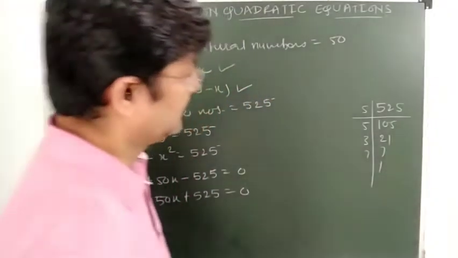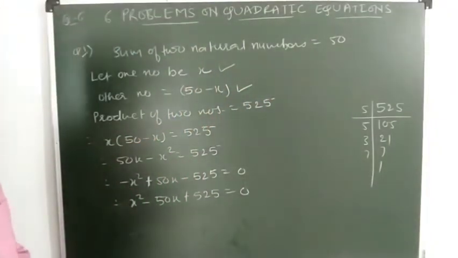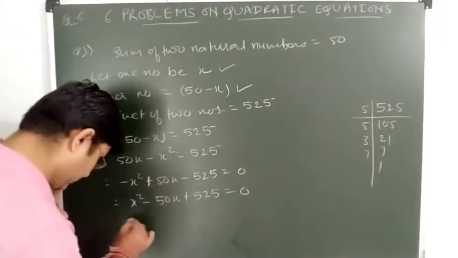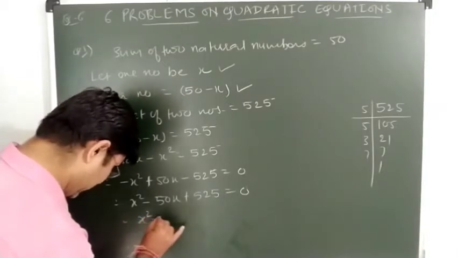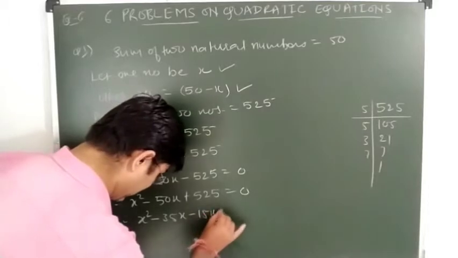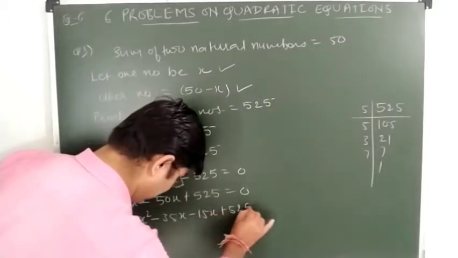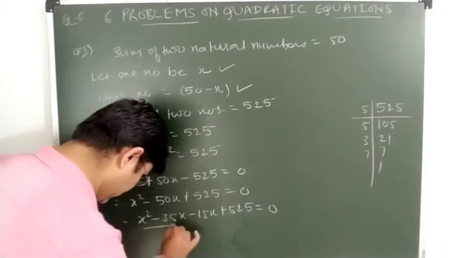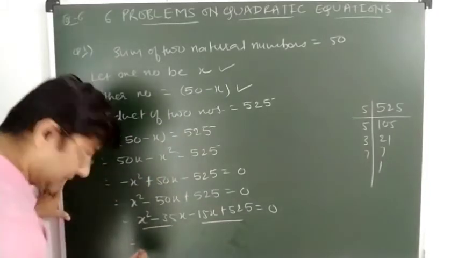Yes, 35 times 15 will be 525 only, and 35 plus 15 is 50. Yes or no? So x square minus 35x minus 15x plus 525 is equal to 0. Now make pairs and take common.